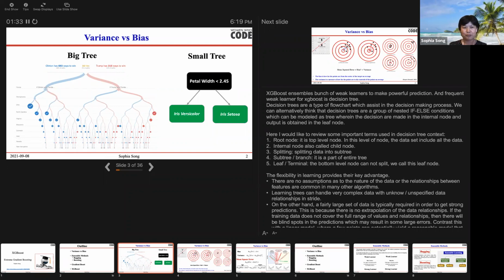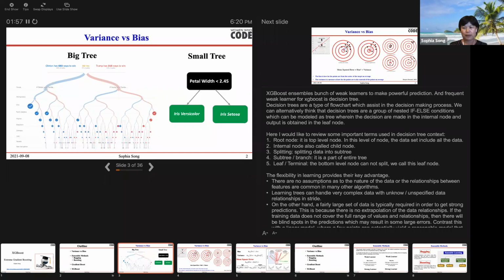I'm pretty sure you may be aware that a decision tree is a type of flow chart which assists in the decision-making process. Alternatively, we can think of decision trees as a group of nested if-else conditions, which can be modeled as a tree.